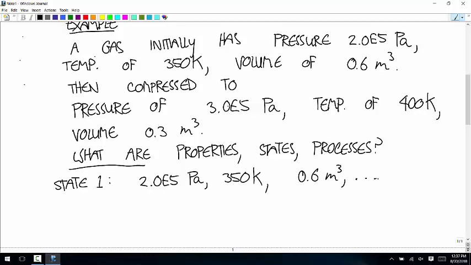Those are the only ones that I gave, but you could describe a million more things about it. So these are properties.